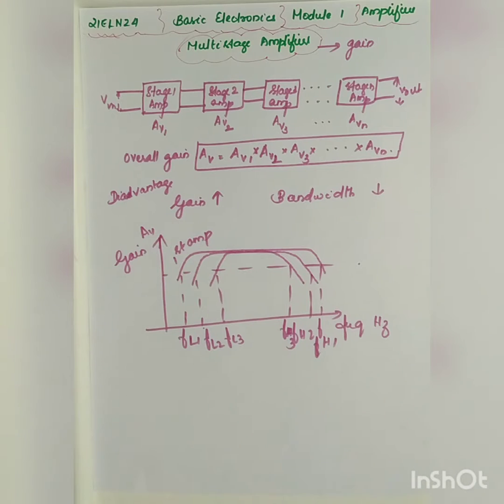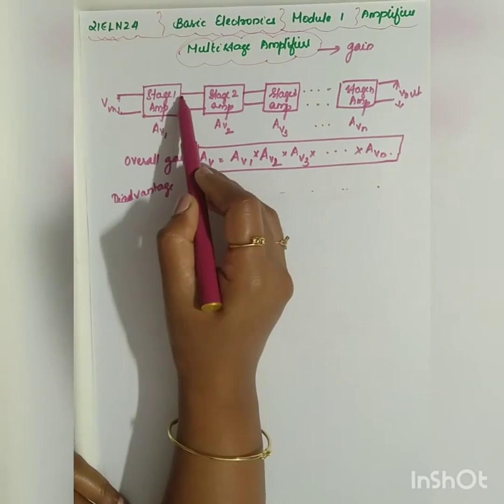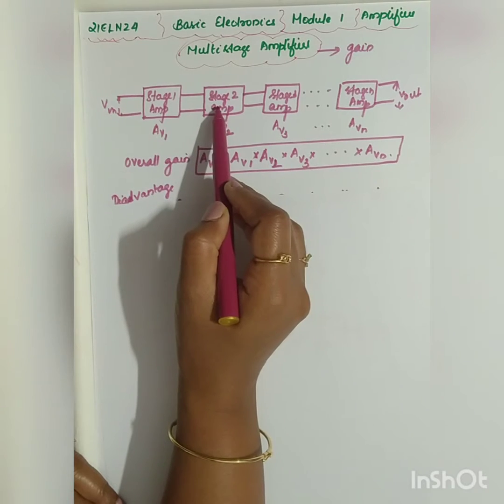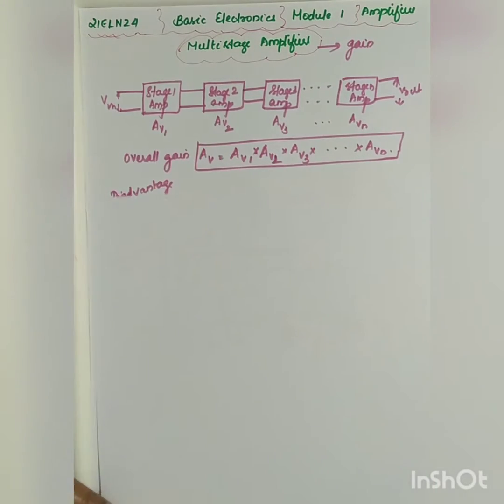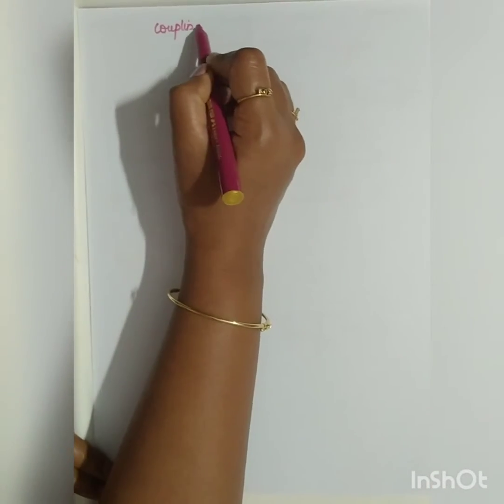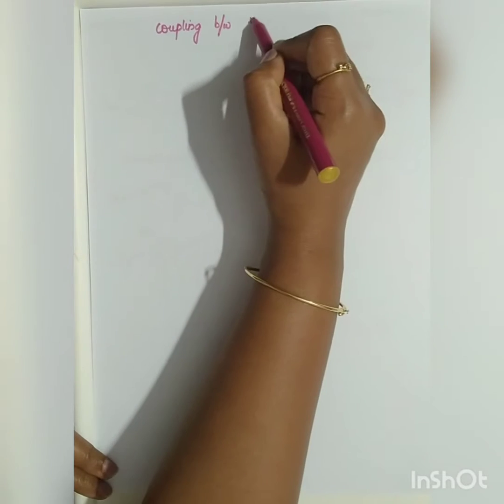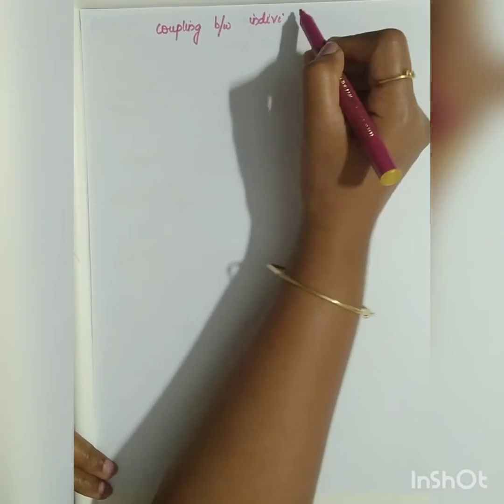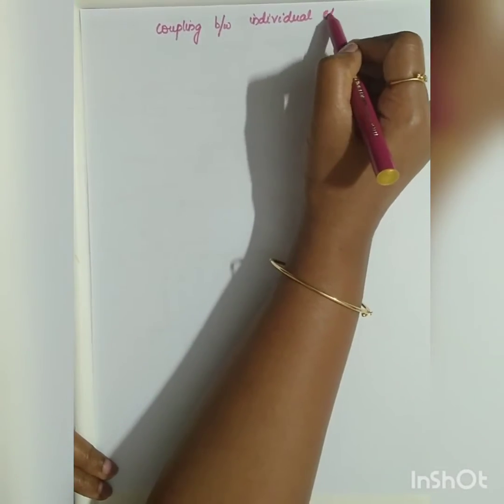Now let us see the next topic in multi-stage amplifiers. If we want to use a multi-stage amplifier, we need coupling. Here your stage 1 is connected to stage 2 by means of coupling. There are mainly 4 different types of coupling between individual stages. What are those 4 types?